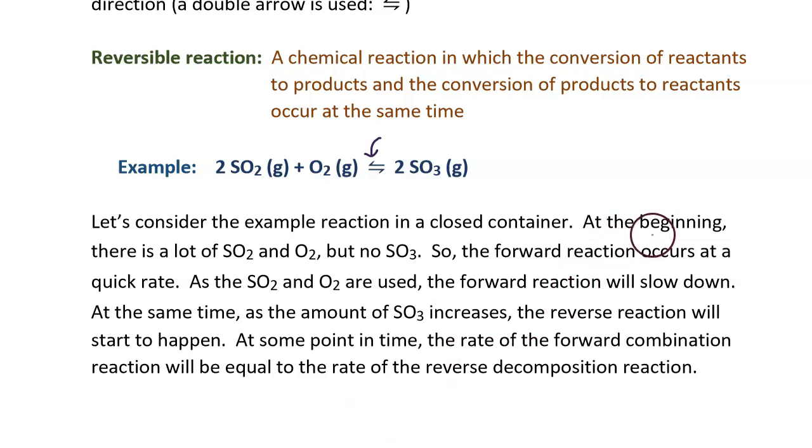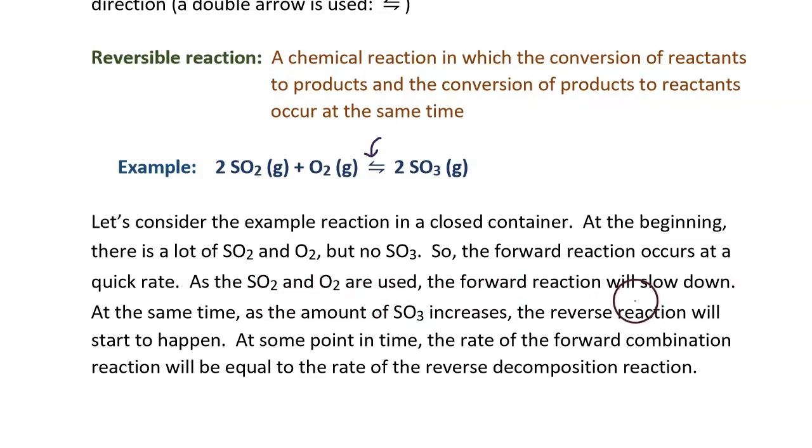At the beginning of the reaction, there would be a lot of the reactants, SO2 and O2. And there wouldn't be any of the product SO3, not at the beginning of the reaction. So the forward reaction occurs at a quick rate. Remember, if you have a high concentration of reactants, then the rate of the reaction is faster. However, as those reactants are used up, the forward reaction will slow down.